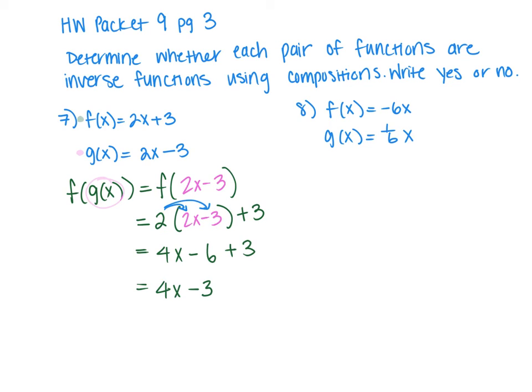And this is my final answer. So my final output. This is not f of g where it equals x, right? So this does not equal x. So I have to say this is not an inverse because it does not equal x.